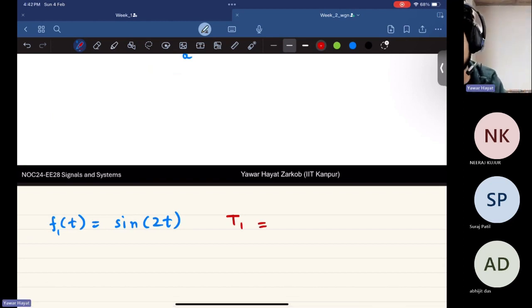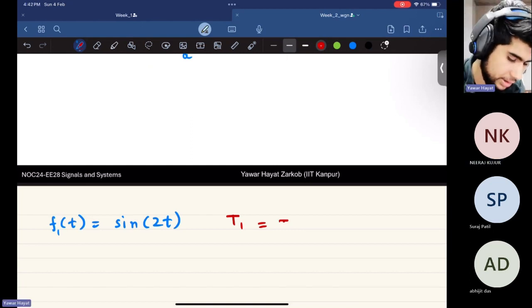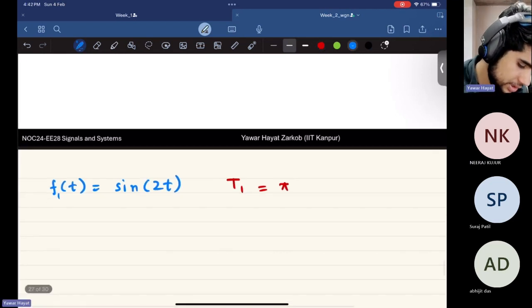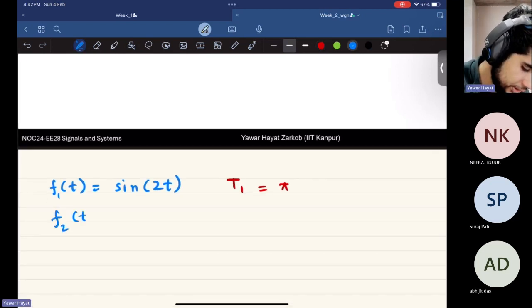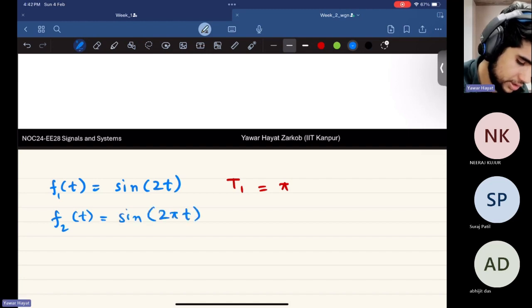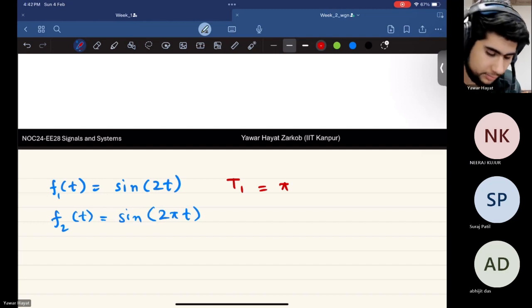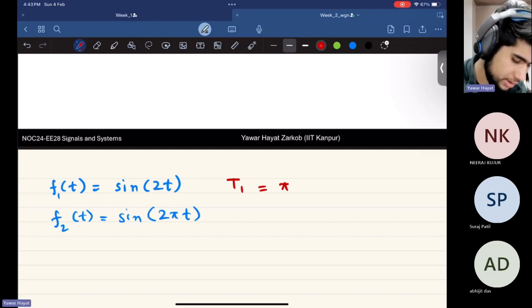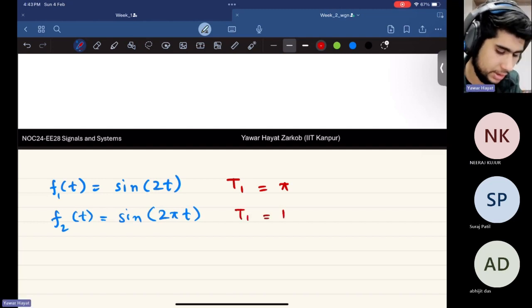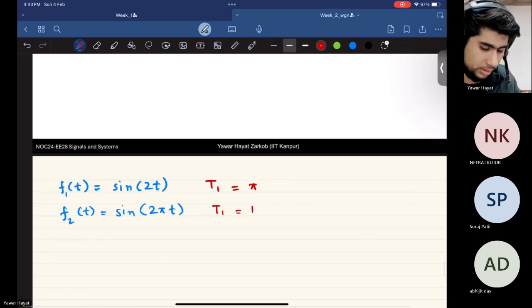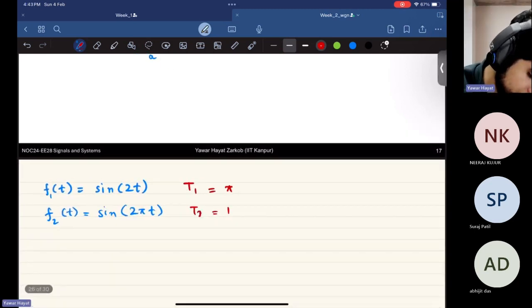So 2 pi by 2, so pi. It's pi, right? Similarly, what is the time period of the signal sine of 2 pi t? Sir, 1, because 2 pi by 2 pi is 1, right? So T2 is 1.